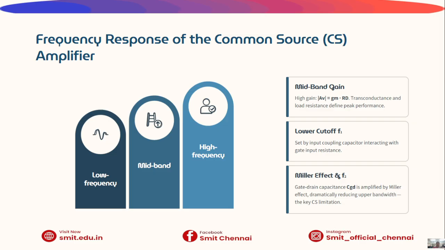At high frequencies, the Miller effect becomes dominant. The gate-drain capacitance is multiplied by the gain, creating a much larger effective capacitance. As a result, the upper cutoff frequency decreases significantly, limiting the bandwidth of the common source amplifier.